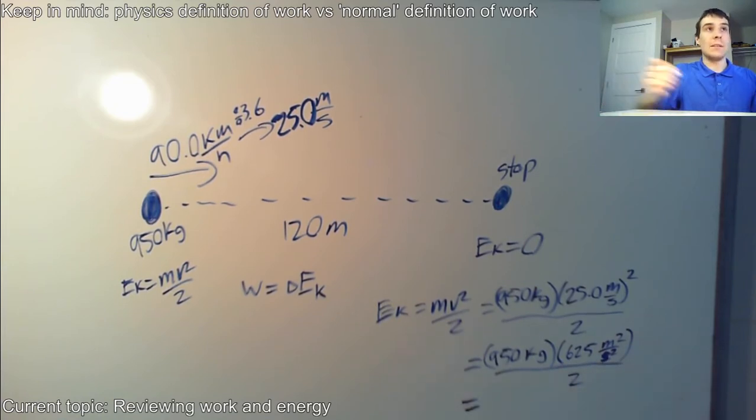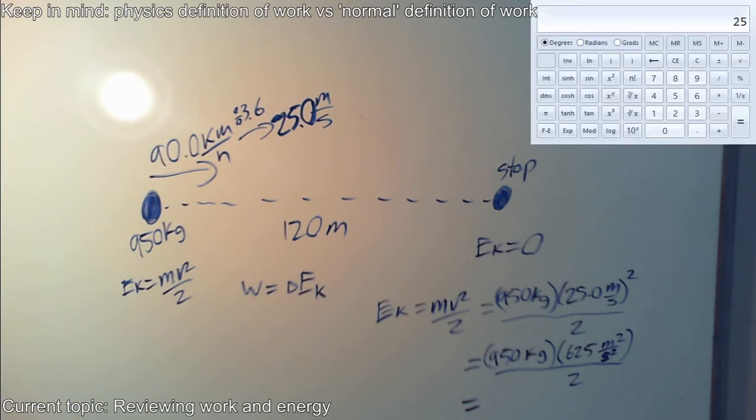Now that one I can't do in my head, so we'll pull up the calculator again. We're doing this equation here: 950 times 625, and we divide it by 2. That equals 296,875 joules.